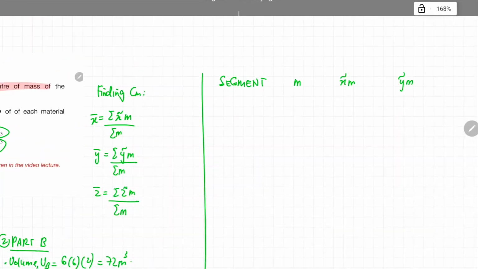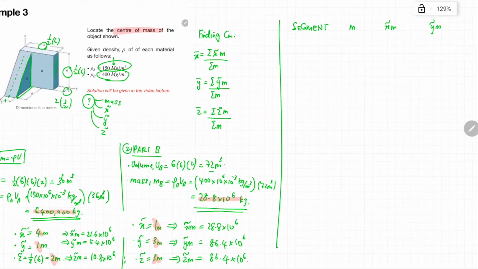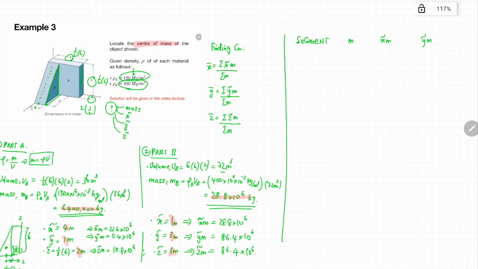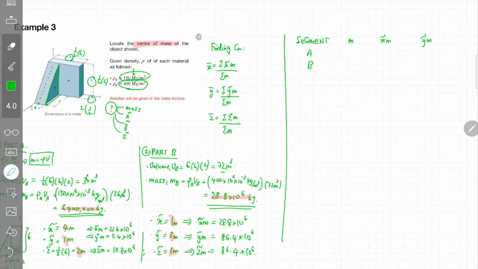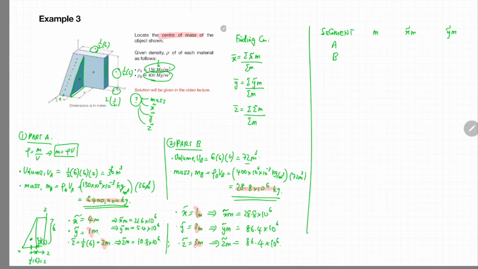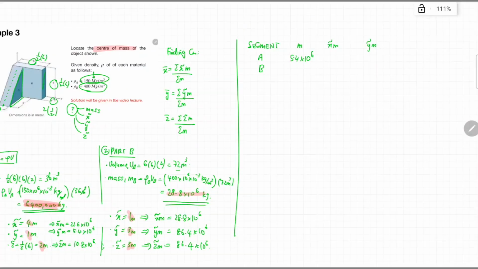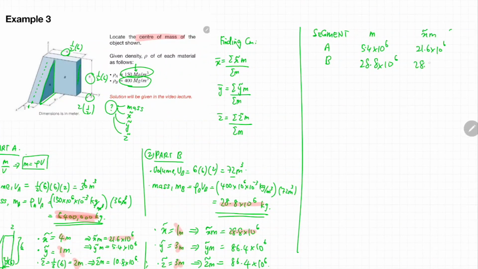And since this is a three-dimensional problem, the final column would be the multiplication of z curve with m. Okay, so now I'm going to put all the necessary information in my table. I know there are 2 blocks or 2 segments in this particular body, which is segment A and segment B, and put in all the information that I've calculated earlier.